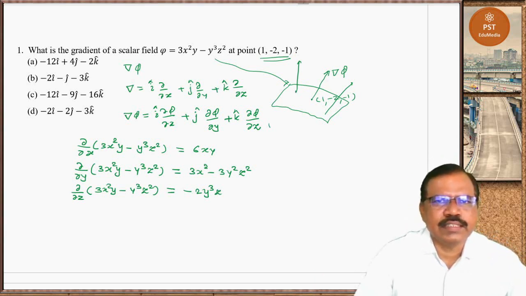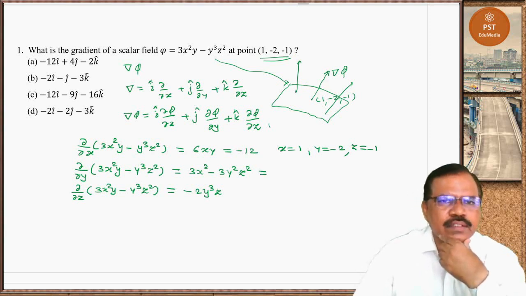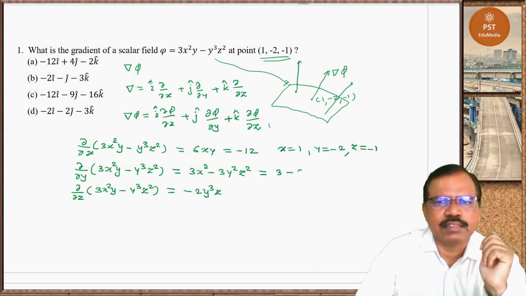Now use x equal to 1, y equal to minus 2 and z equal to minus 1. For 6xy, with 1 and minus 2, we will get minus 12. Now 3x square, because x is 1, you will get 3. Minus 3y square, y is minus 2, so we will get minus 12, and z square, minus 1 square, is 1.